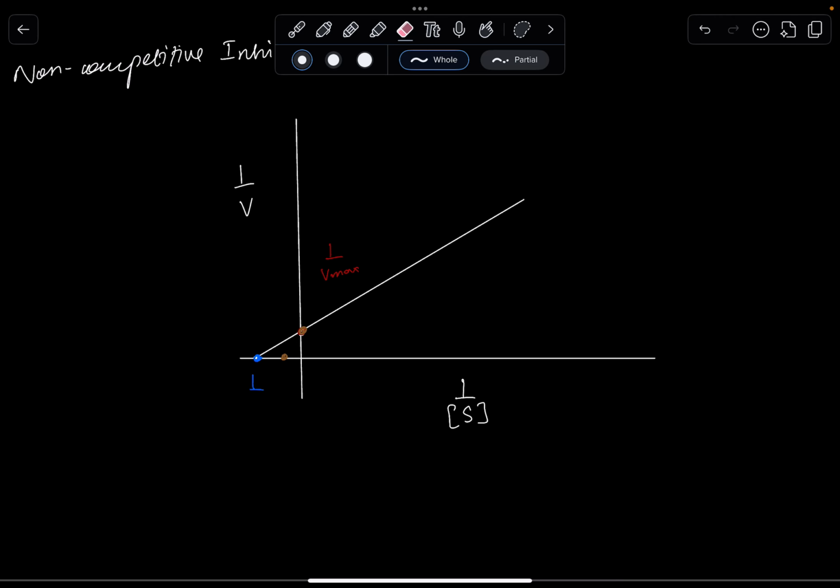So what do we learn about the non-competitive inhibitor? What happens to the Vmax? The Vmax will decrease and the Km will remain unchanged. So if I draw this line, it will cross the x-axis exactly where the other one does, but my Vmax will decrease.